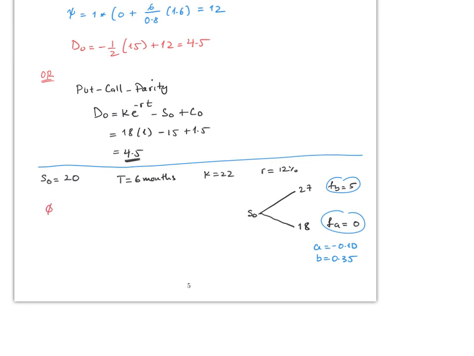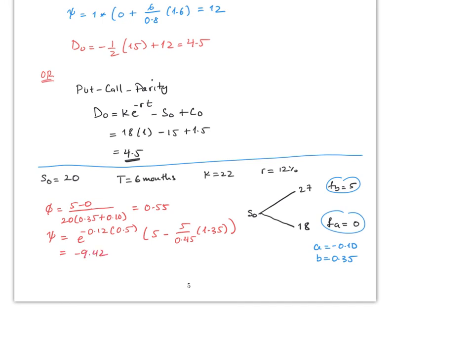So therefore, if that's the case, then phi will be equal to 5 minus 0 over 20 times 0.35 plus 0.10, and this is equal to 0.55. The value for psi is going to be e to the minus 0.12 times 0.5, because it's 6 months, then 5 minus 5 over 0.45 times 1.35, and this turns out to be minus 9.42.